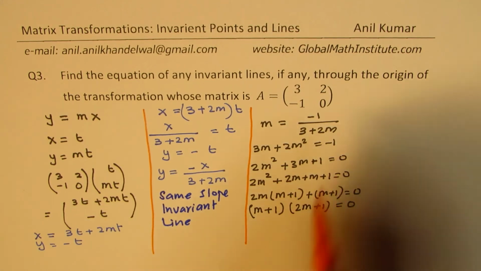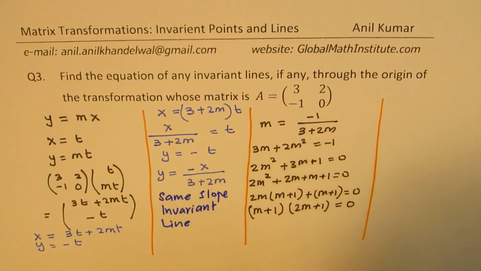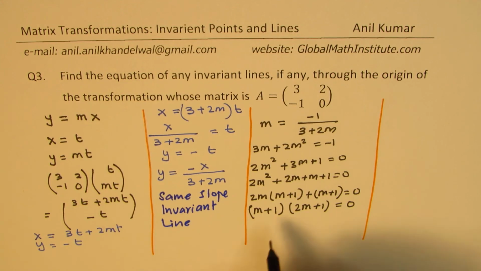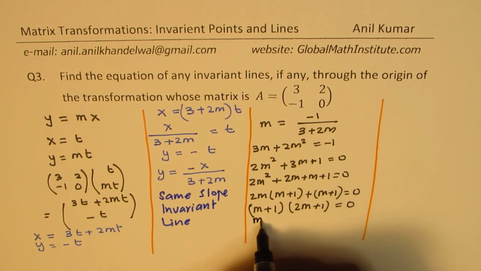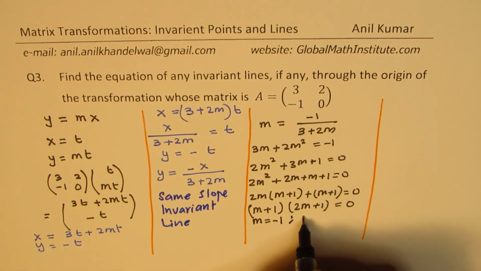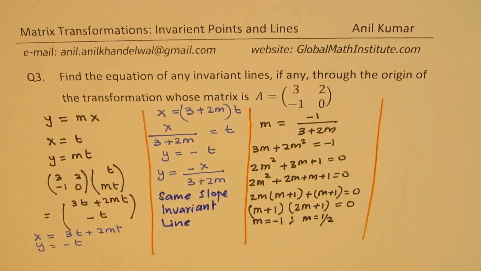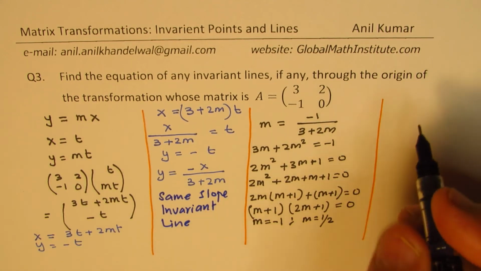So with that, we actually get two conditions, right? We get two conditions that m equals minus 1 or m equals minus half. Correct? We get two different conditions. So for these conditions, we can write down the equation of the invariant line.